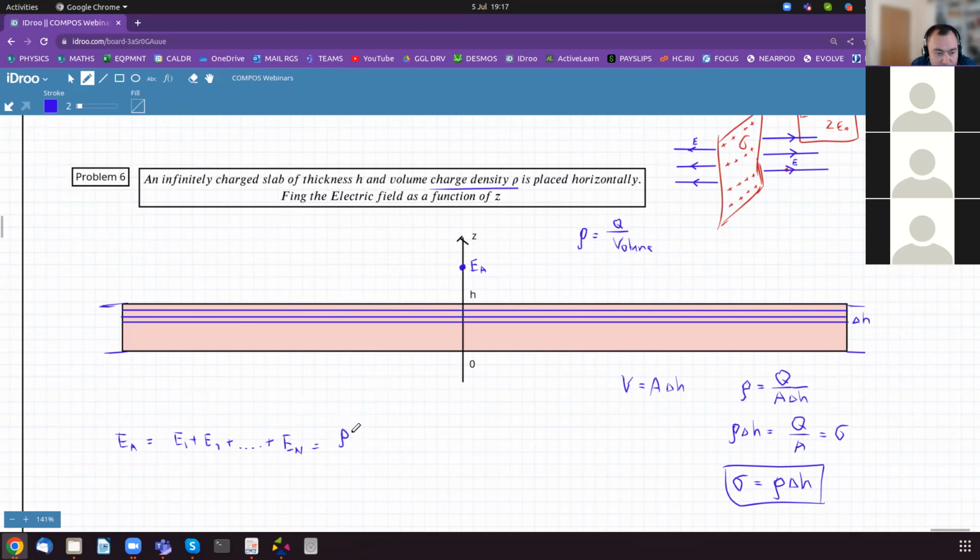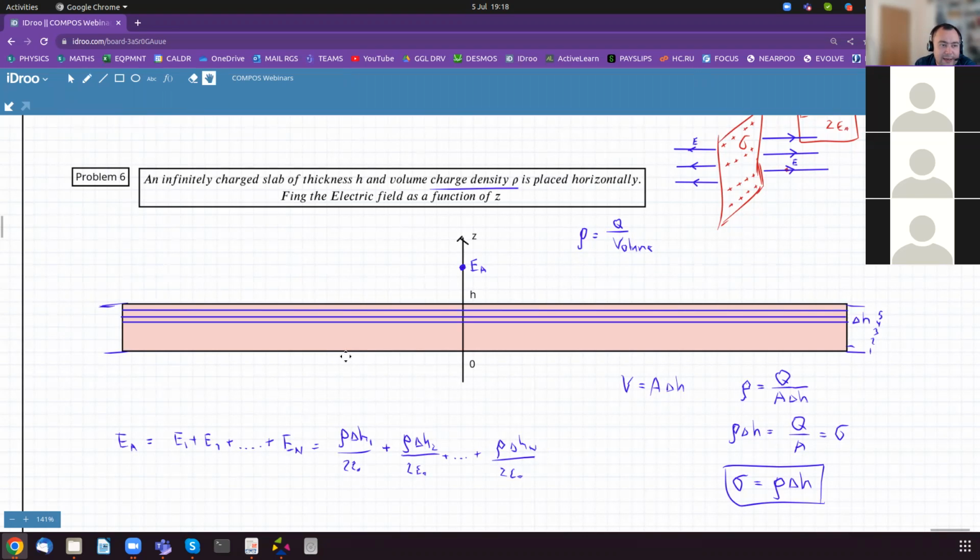It's rho delta H1, the thickness of the first slab, divided by 2 epsilon naught, plus rho delta H2, the thickness of the second slab, over 2 epsilon naught, plus etc., plus rho delta Hn over 2 epsilon naught.